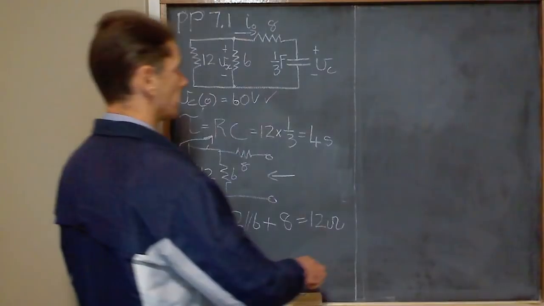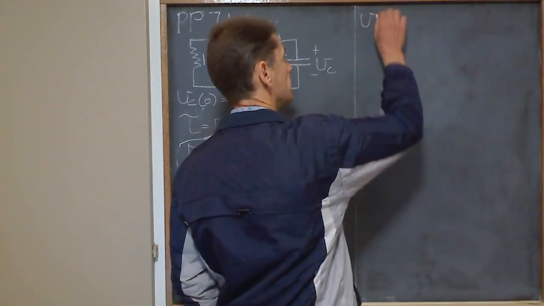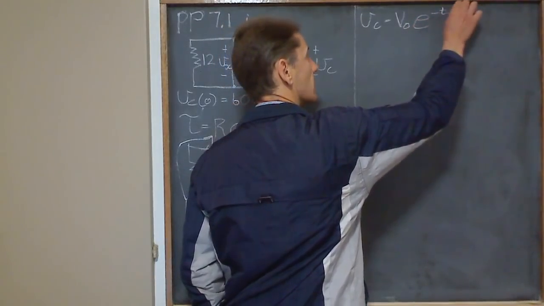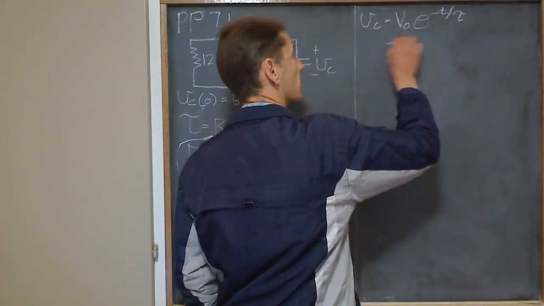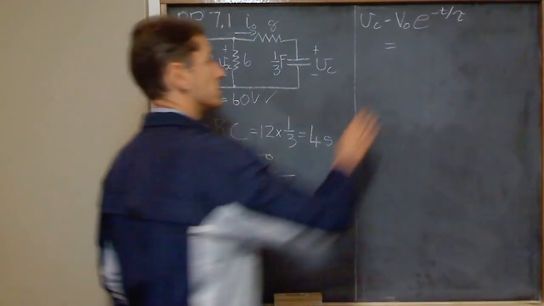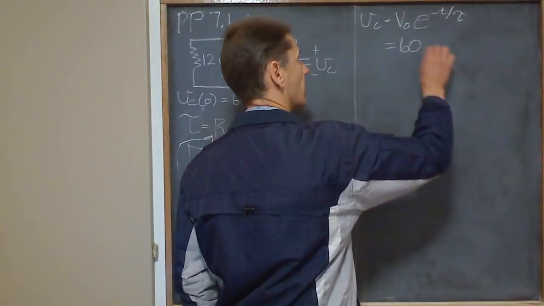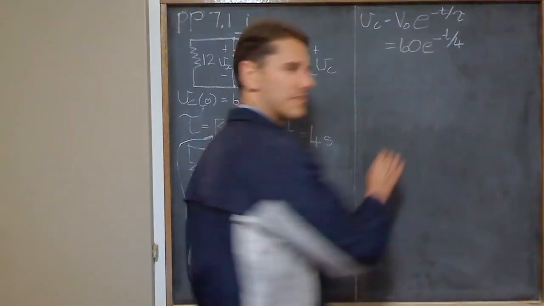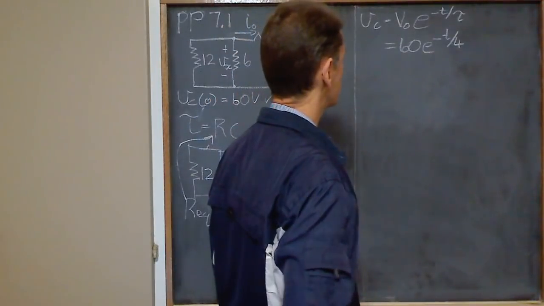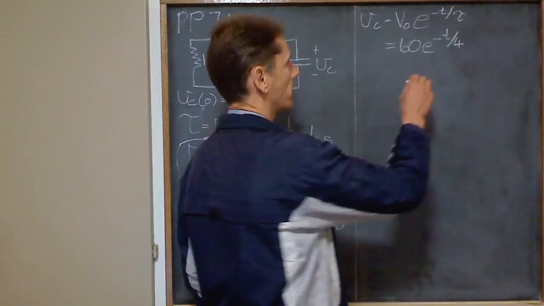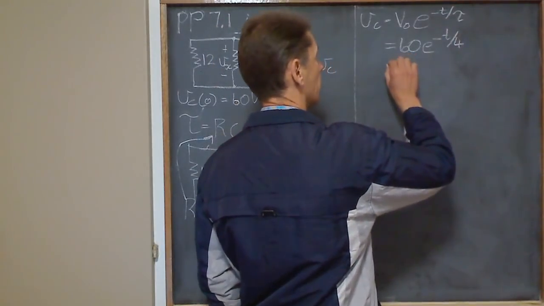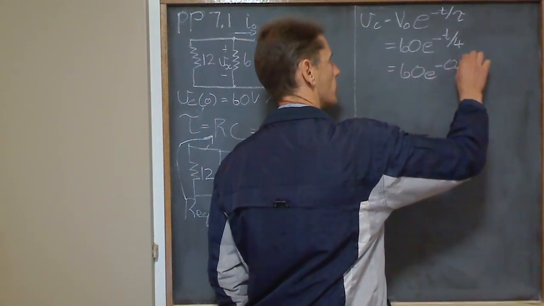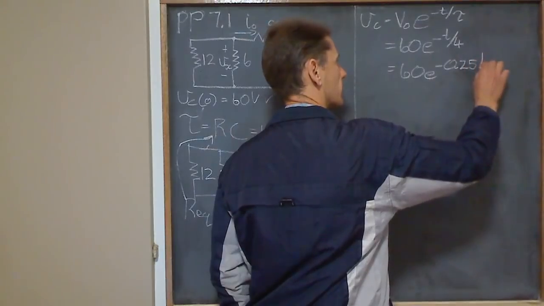So I'm going to wipe, let's keep that there. Okay, so V of C is V0 e to the minus t over tau, and V0, we know that is 60 volts, 60 e to the minus t over 4, and the textbook, for some reason, they like to take that 4 to the top, and they make it equal to 60 e to the minus 0.25 t.